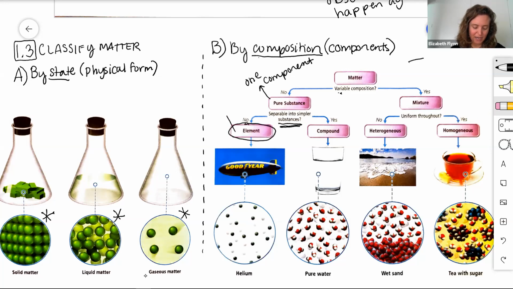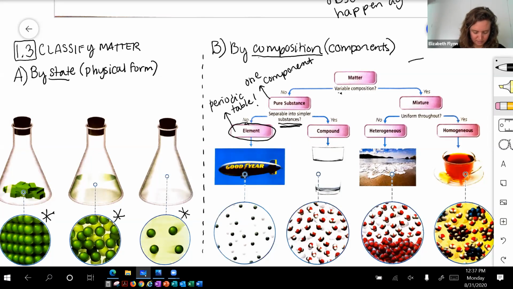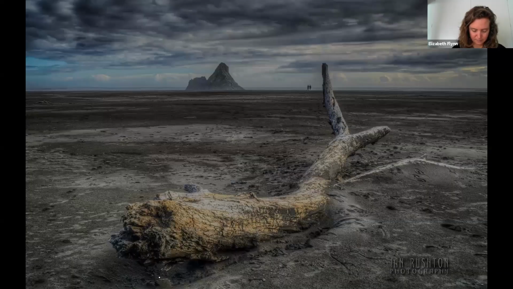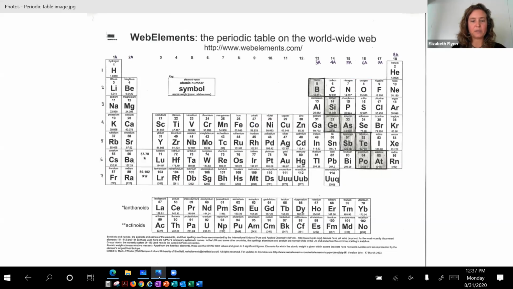Where do we find elements? How do we know if something is an element? Where do we look to see if something is an element? Yeah, the periodic table. Right, so we can look at the periodic table to see if something is an element.